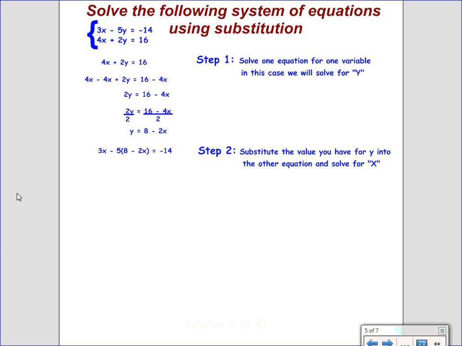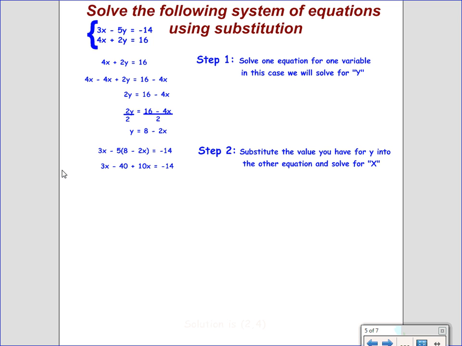First step of solving equations is to perform all distribution on both sides. There's none on this side, so I'll perform this one. And that's negative 5 times 8 is negative 40. Negative 5 times negative 2 is positive 10. So I'm left with 3x minus 40 plus 10 equals 14.